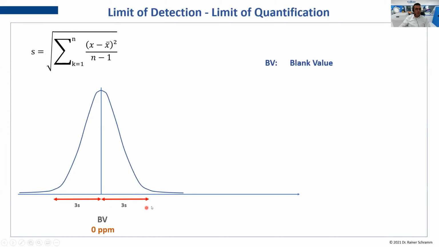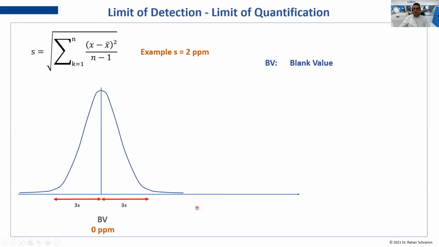That means you calculate a standard deviation, for example, of 2 ppm. This means that all the values you have found are between -6 and +6 ppm. This is your distribution around your blank value.